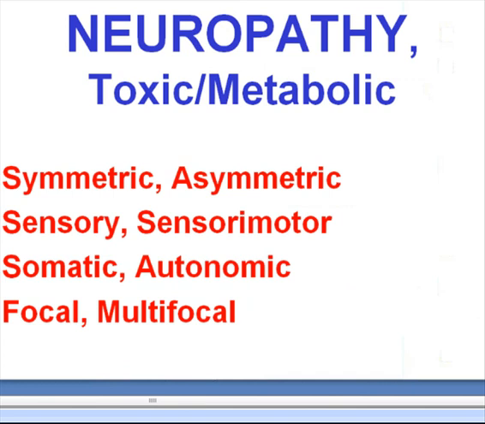So, in the so-called general toxic metabolic one, they're generally symmetric and multifocal and involve all kinds of nerves, both sensory and motor. What are the two biggest common causes of general toxic metabolic neuropathies? Well, diabetes and chemotherapy. My wife had a very, very whopping neuropathy on the basis of some of her chemo that she received at the University of Chicago.